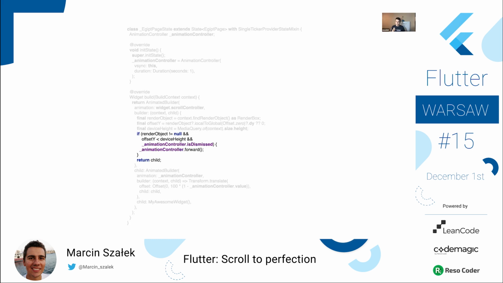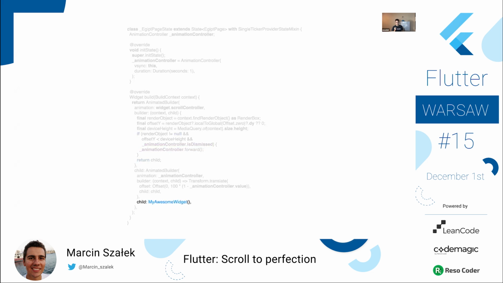There is also the check of whether the animation controller is dismissed, to make sure that we don't run this method every time, because this is the build method, so it can be run a lot of times, and we want the animation controller to go forward only once, and then we just return a child. Notice that we don't actually affect the building of the child. We only want to start the animation at the exact moment it started being visible.